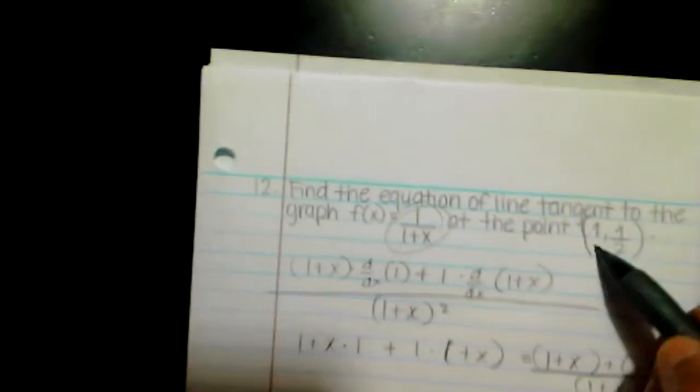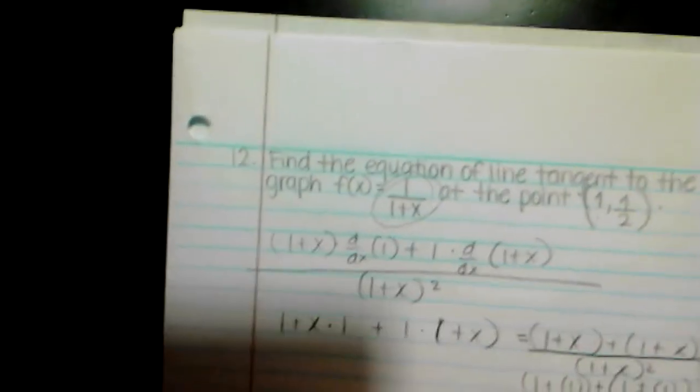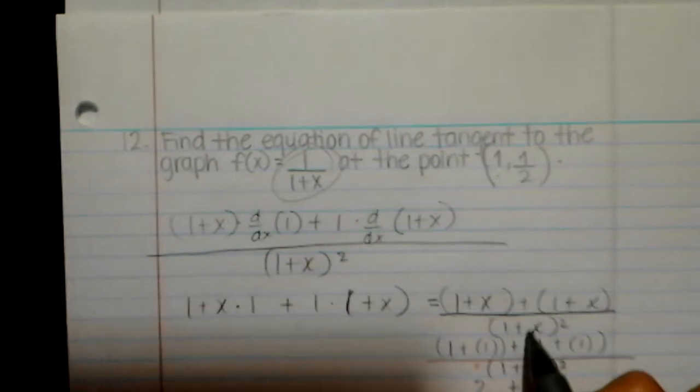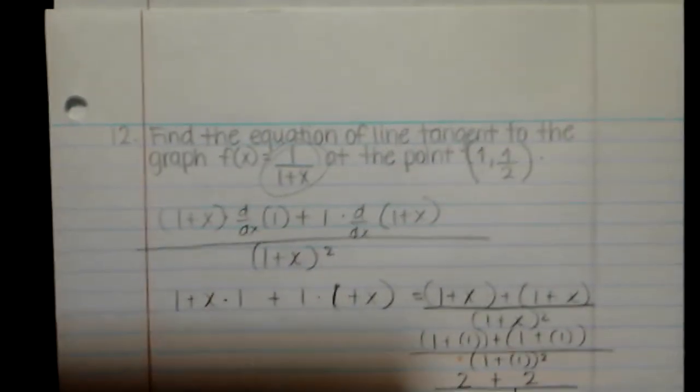Now you're going to plug in your x value in here. So it'll be 1 plus 1, 1 plus 1, all over 1 plus 1 squared. So 1 plus 1 is 2, plus 2, all over, and 1 plus 1 is 2, squared is 4.